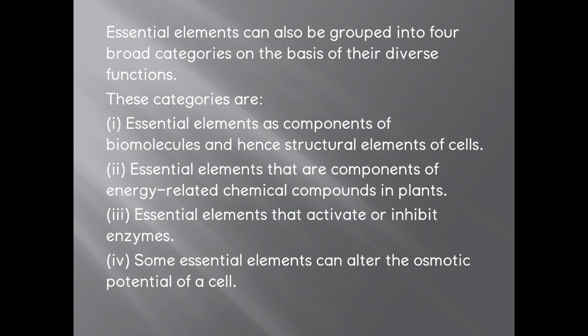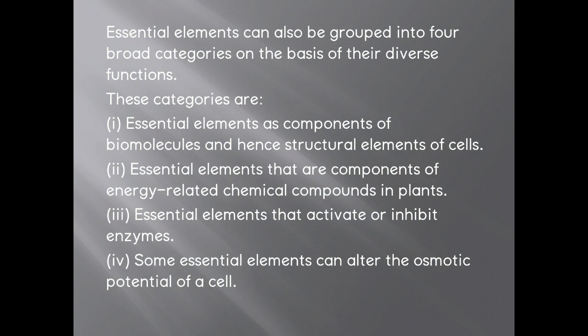Thirdly, essential elements are also involved in activation and inhibition of enzymes. For example, in various biochemical pathways, which you have already studied or are going to study, elements such as magnesium, that is Mg2+, act as an activator for both ribulose bisphosphate carboxylase oxygenase and PEP carboxylase.